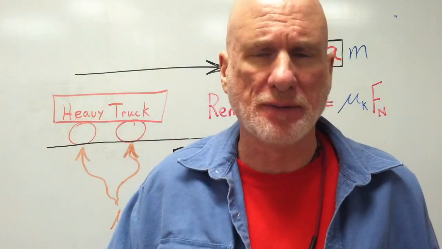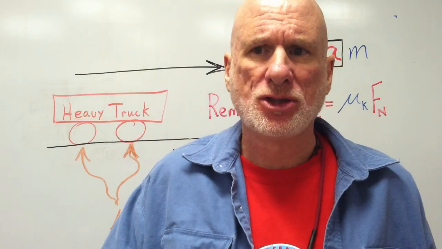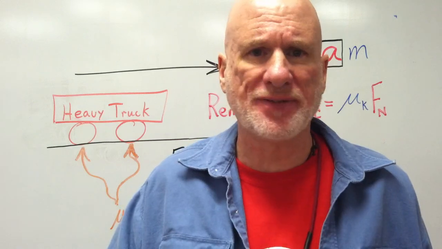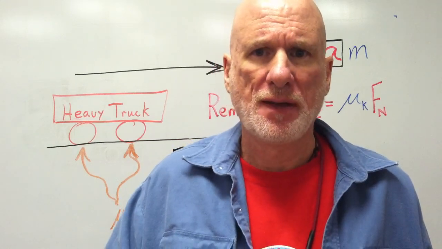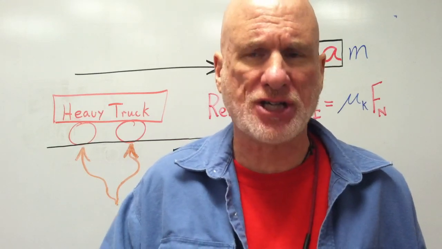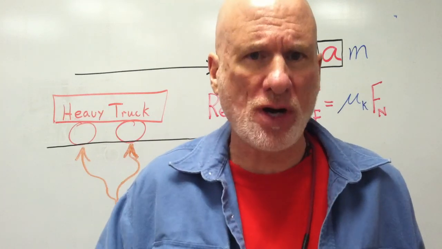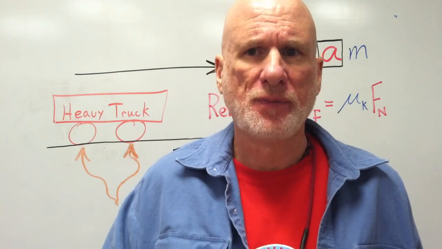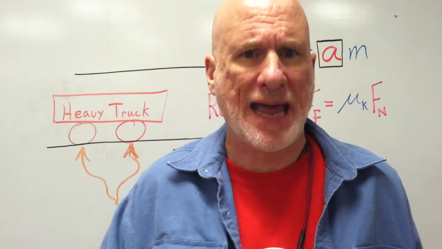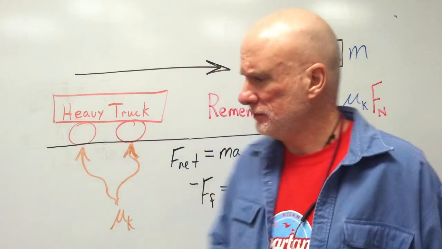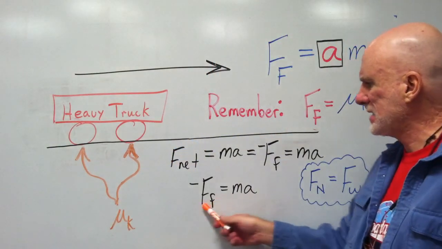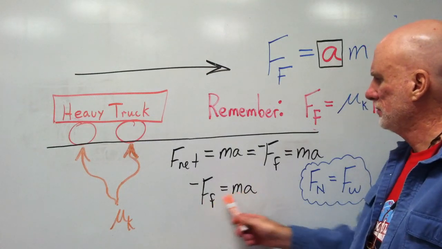So FP is gone. So that truck will decelerate because of an unbalanced force. That unbalanced force is the force of friction. The net force equals the force of friction. The force of friction equals MA. So that's the equation there.